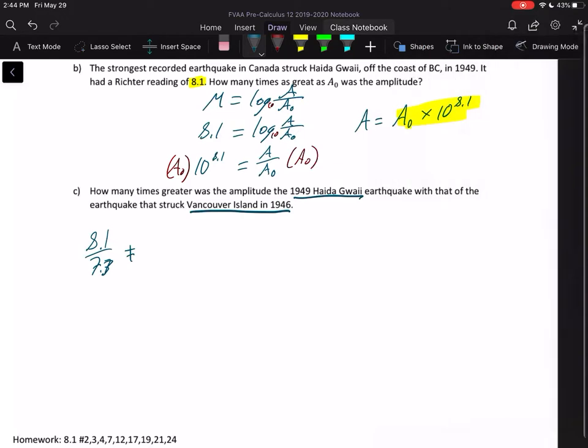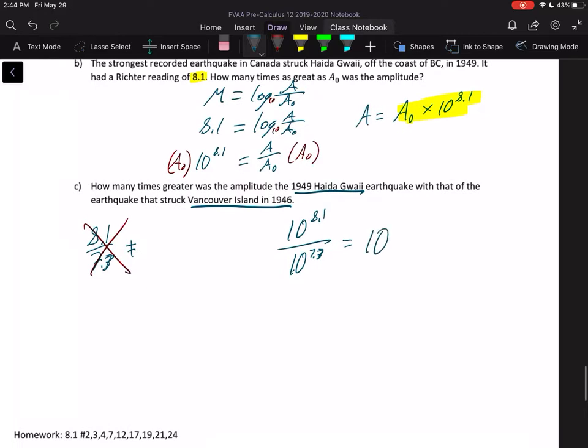So that would be the wrong approach. What you actually have to do is take the magnitudes in exponential form, 10 to the 8.1 over 10 to the 7.3.